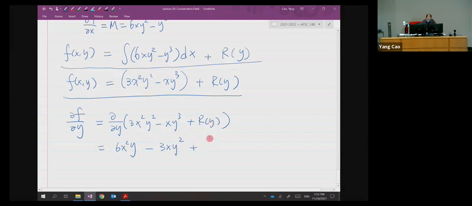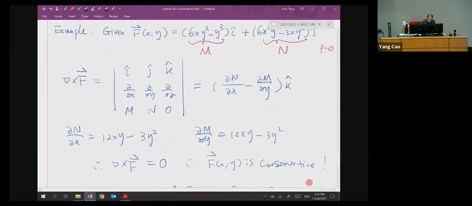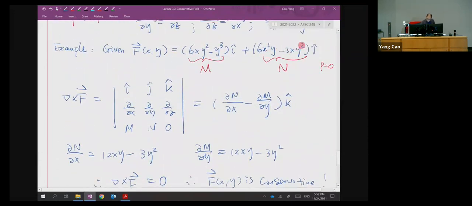This is not really a partial derivative, it's just a straight derivative, because this is just a function of y. And what does this equal to? This equals n, and n in this question equals 6x y squared minus that.